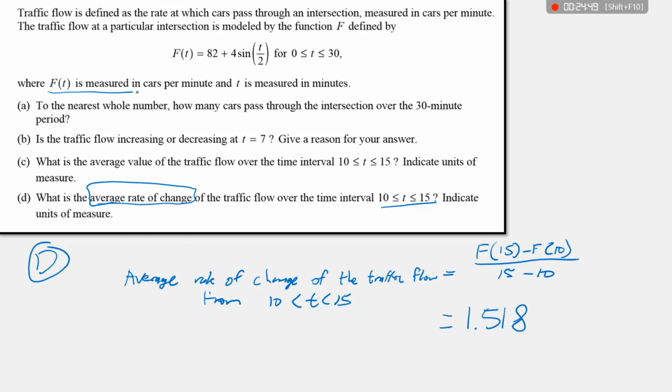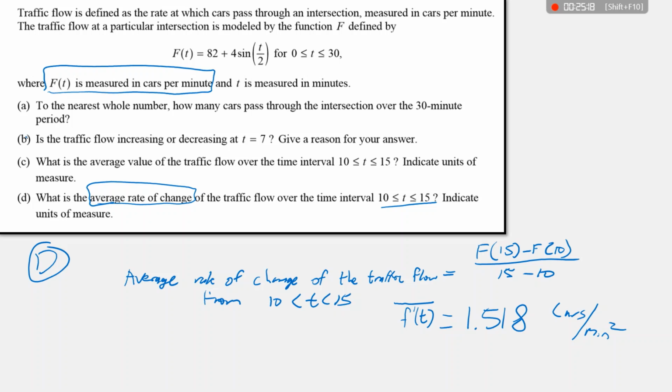The reason why is because f of t was already cars per minute. So when I take the derivative, that'll be cars per minute per minute, which is cars per minute squared. If I wanted to subscript this, I could say something like this. This is f prime of t, but as an average, from a to b.